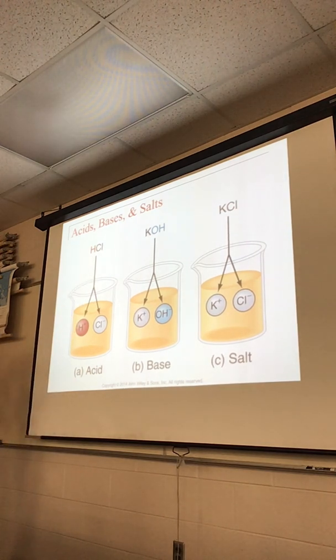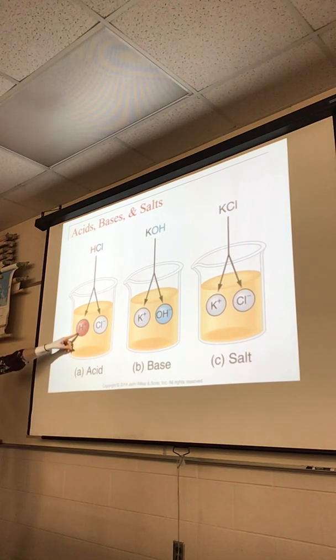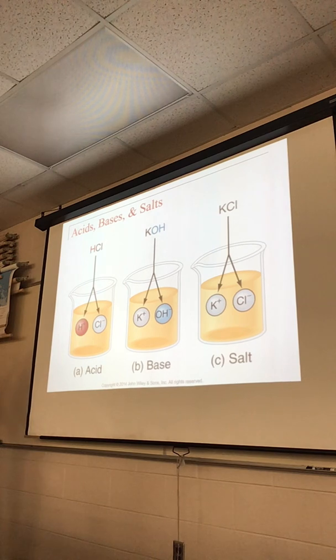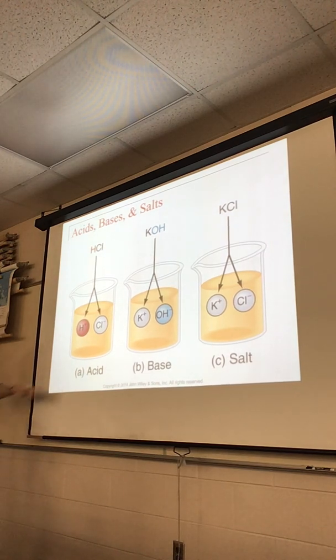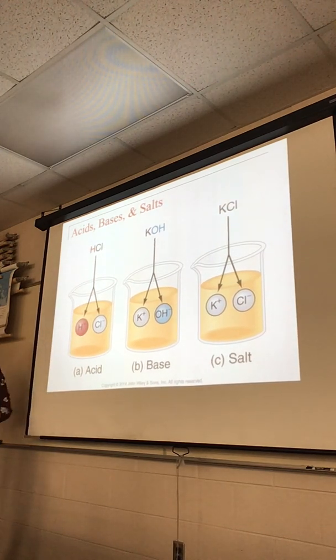If I were just looking at that and wanted to know if it were an acid, I would see, okay, this dissociates into free hydrogen ions. Whenever something dissolves to make free hydrogen ions in a solution, it is an acid. So acids give off free hydrogen ions in solution. That's our definition of an acid: anything that gives free hydrogen ions to a solution.